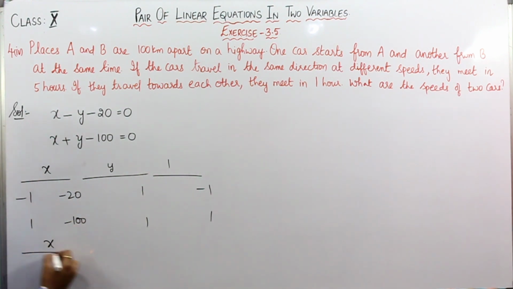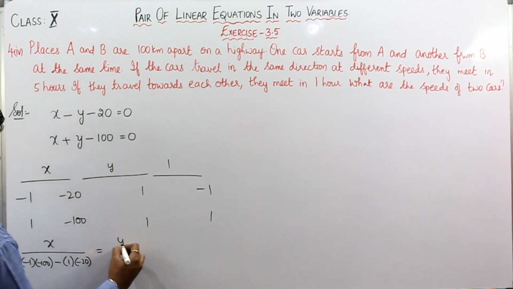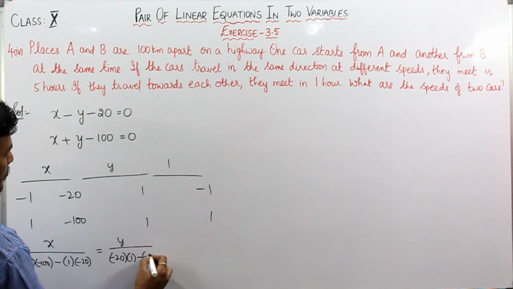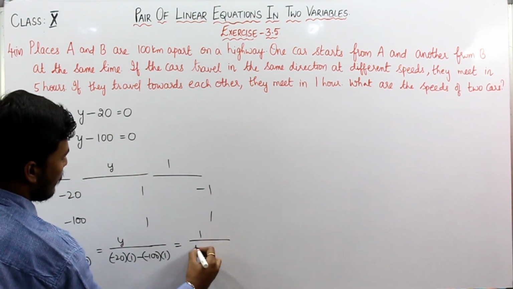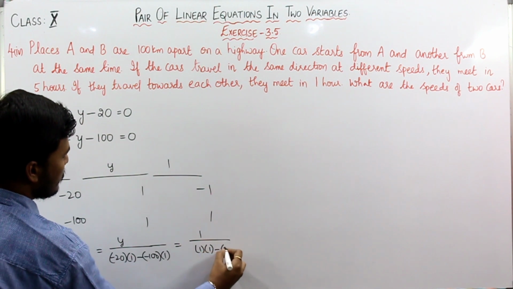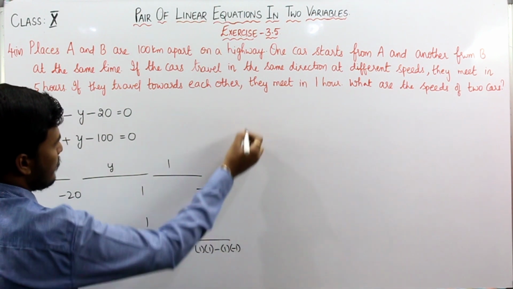So then it will become x by minus 1 into minus 100 minus 1 into minus 20 is equal to y by minus 20 into 1 minus minus 100 into 1. This is equal to 1 by 1 into 1 minus 1 into minus 1.